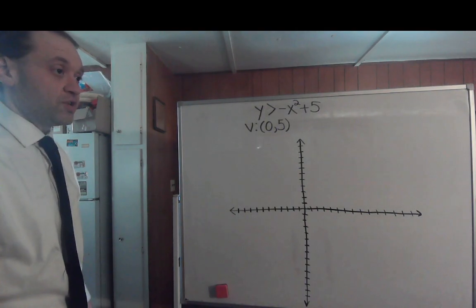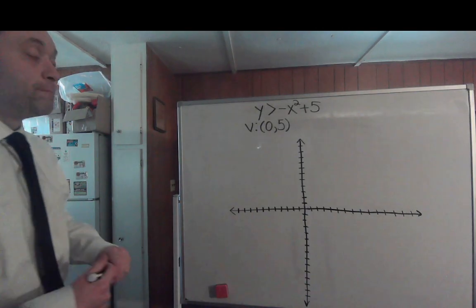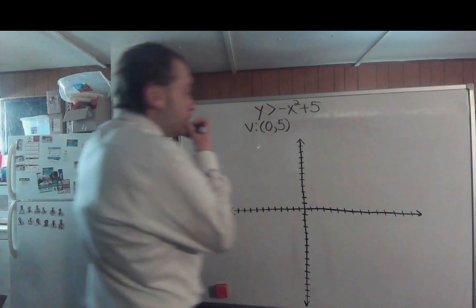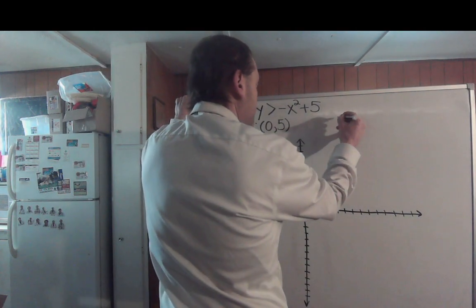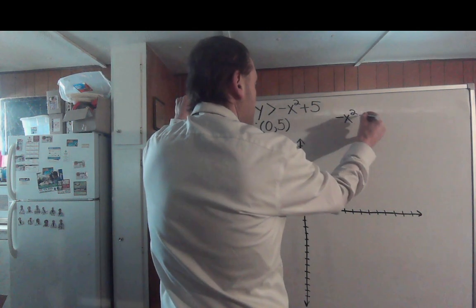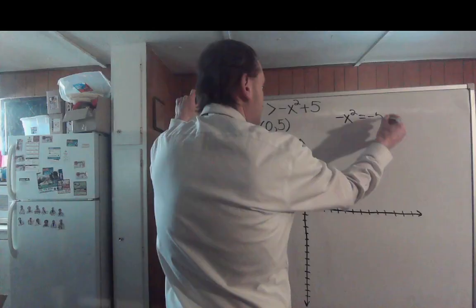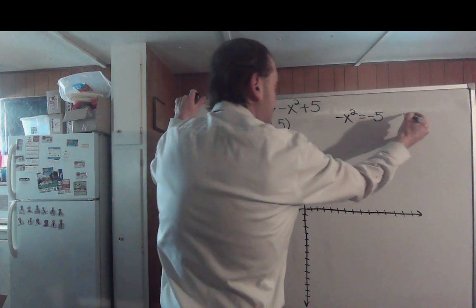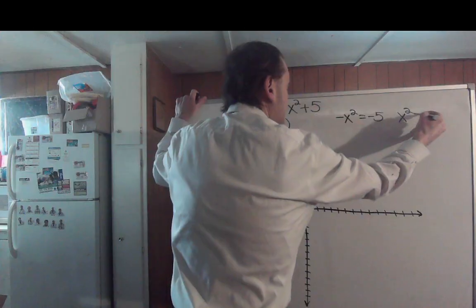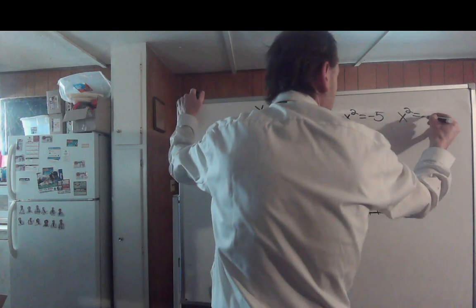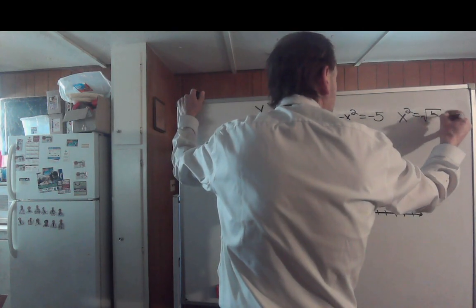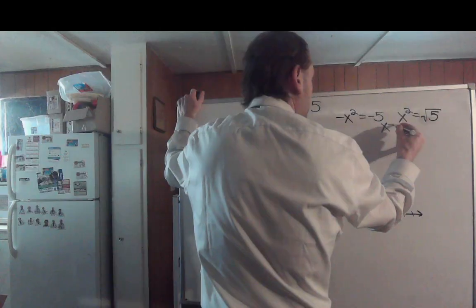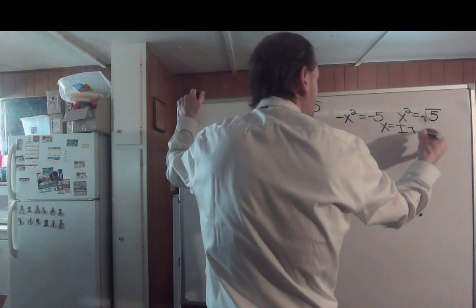Now what about your x-intercepts? Well, we can sort of do that. If you take negative x squared equals negative 5, you would end up getting x squared equals 5, which means x would equal both plus and minus the square root of 5.